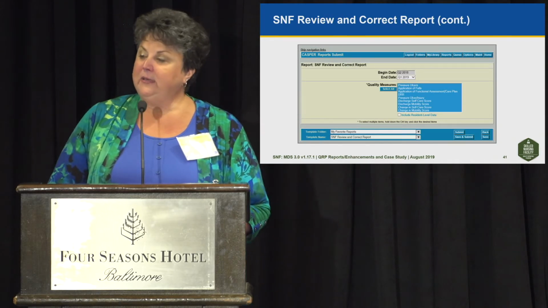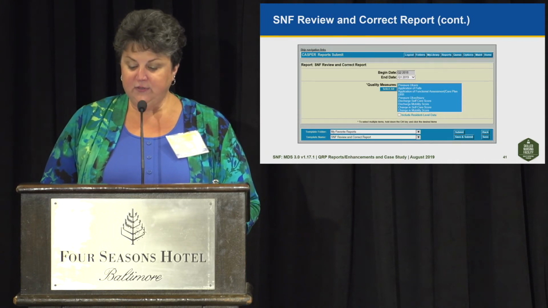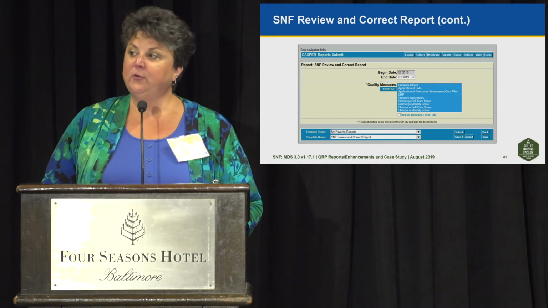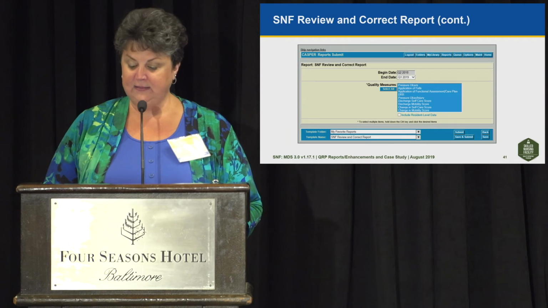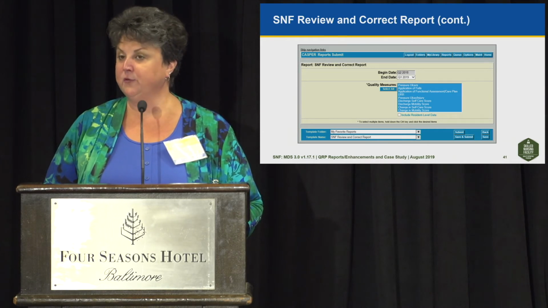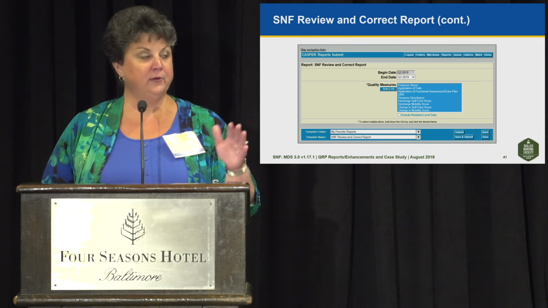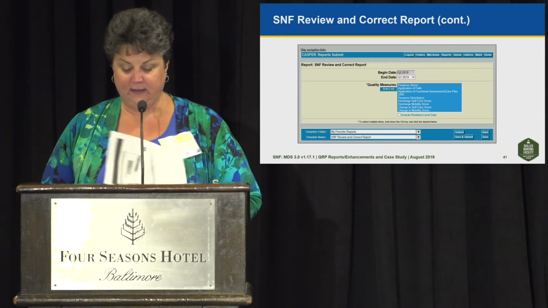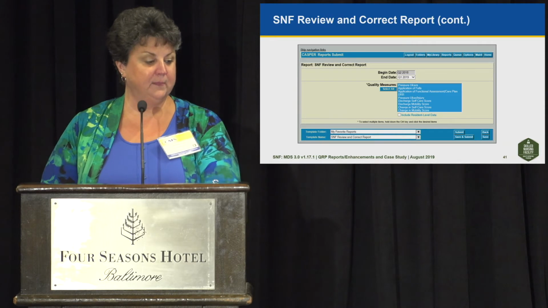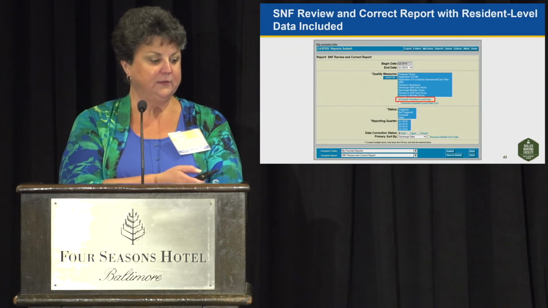Then you have the begin date, the end date, the quality measures, and you have that little checkbox of whether you want to include the resident level data. Again, the user can select the end date, and the begin date will be the first quarter of the four-quarter rolling reporting period. And again, like I said, you can include that resident level data.